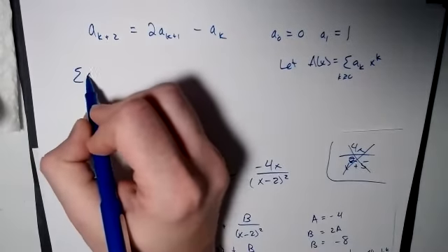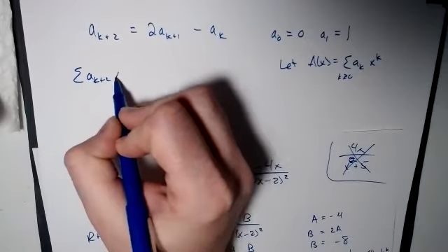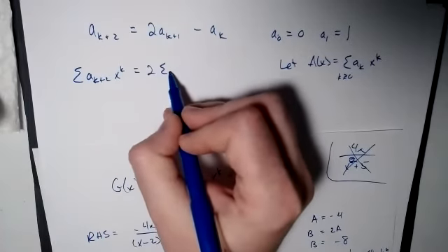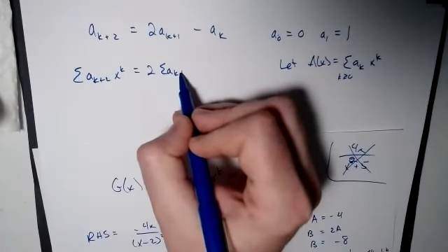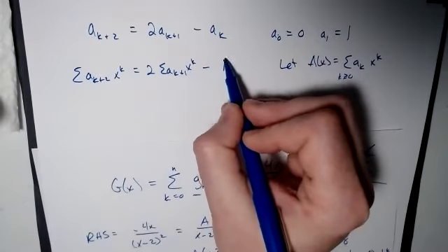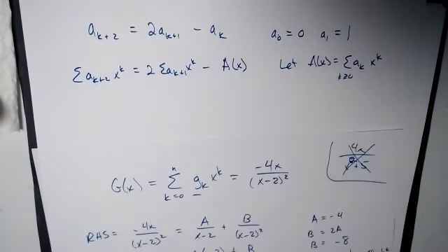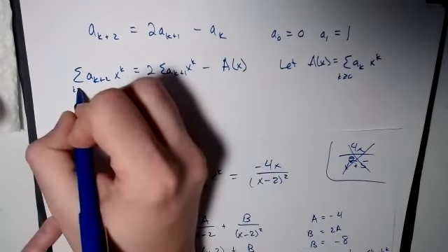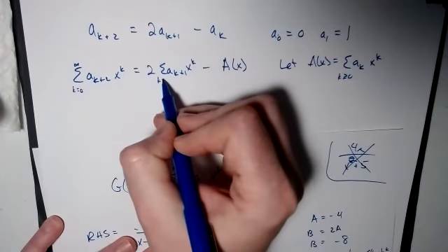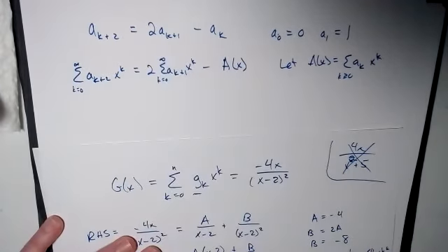So we get the sum of a_{k+2} x^k equals 2 times the sum of a_{k+1} x^k minus the sum of a_k x^k, that's just going to be A(x). Let me go ahead and write it out nicely, k equals 0 to infinity.